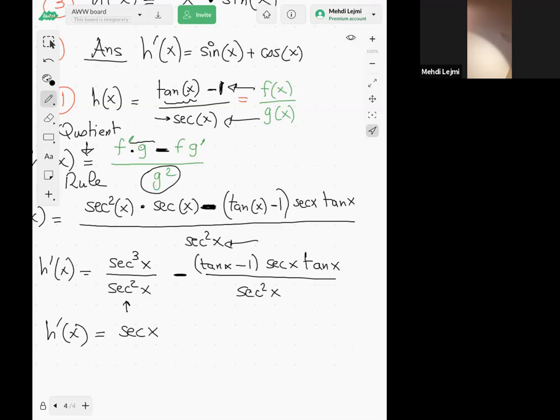And here minus, and then we have tangent of x minus 1 times tangent of x. And then you see this is secant over secant squared, so now it's going to be over secant of x. So tangent of x minus 1 times tangent of x over secant of x. All right.